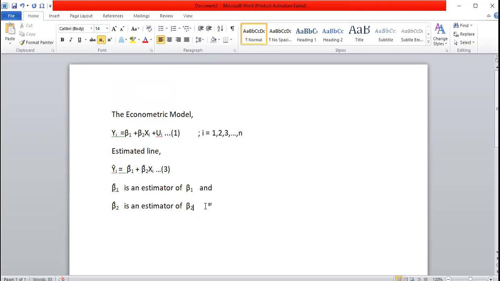Okay, so come to this point. Estimator, is it a constant or a variable? Let's focus on beta 2 hat. We will focus on this one from now on. You can do beta 1 hat, but our focus will be beta 2 hat, because the slope is more important than the intercept. Beta 2 hat is an estimator of beta 2. Is beta 2 hat a constant or a variable?